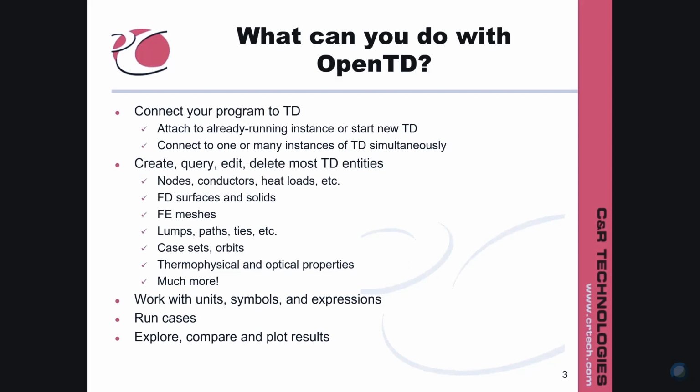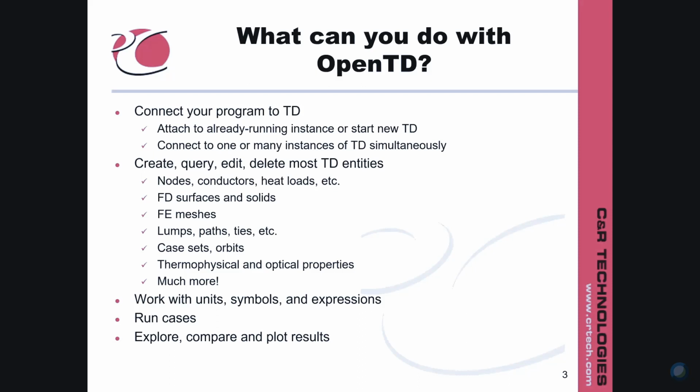Well, you can create entities, you can query existing entities, edit them, delete them. What kind of entities? Well, all of the CINDA-fluent network entities like nodes, conductors, lumps, paths, etc. But also finite difference surfaces and solids, also FEMs, case sets, orbits, material properties, optical properties, and a lot more stuff.